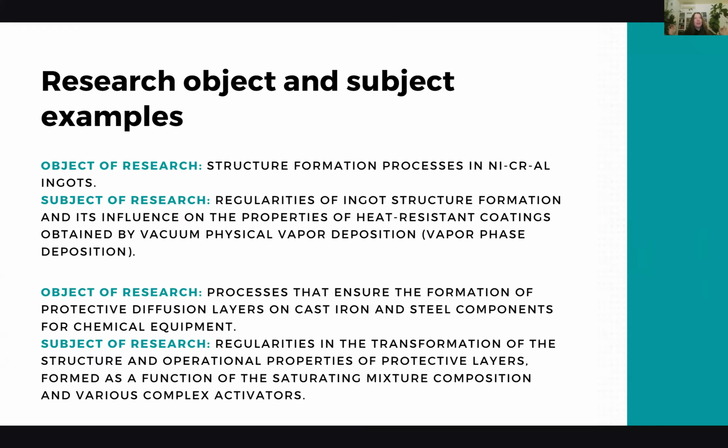For example, you can write, the object of my research is foundry technology. Well, that's too broad for an object. Once again, you should first formulate the problem you are solving, or your research question, or however you want to phrase it. For example, you're designing a foundry, and you think that the castings you make of some cast iron don't function as long as you want them to.